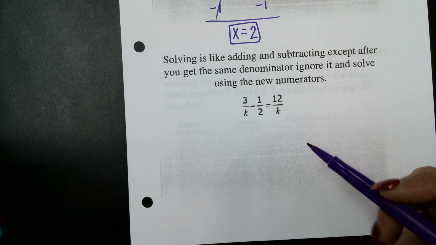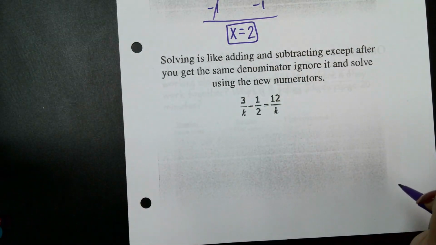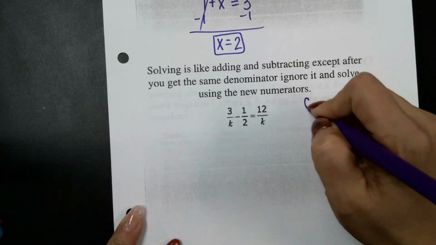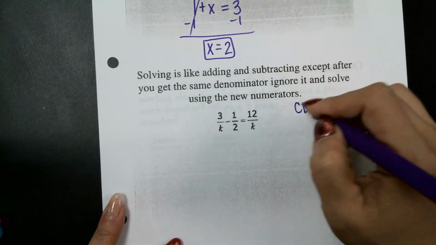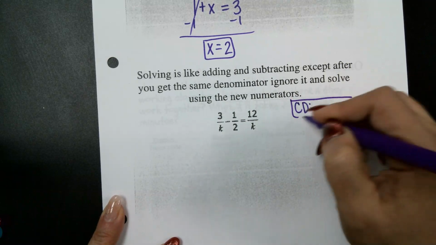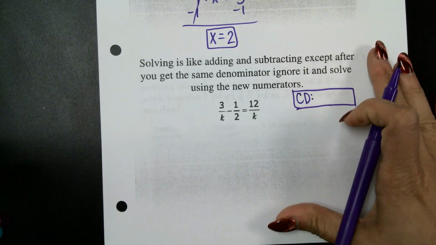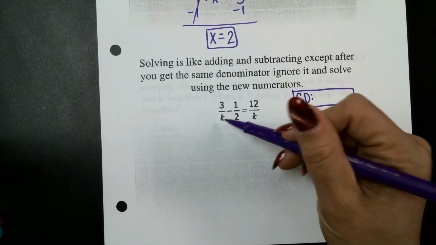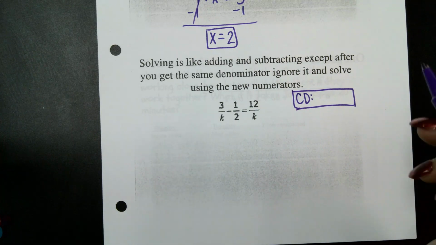Like on Thursday, we would go through and we'd find a common denominator, right? Remember how I would have you guys determine your common denominator and we'd write it out to the side? Okay, so the way we find our common denominator is anything 2 or more of the fractions have in common, we use once.